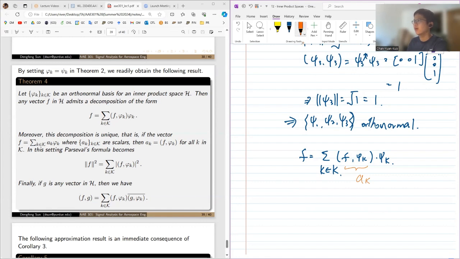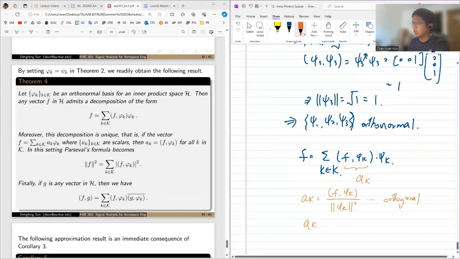Just now we had ak equals the inner product of f and vk over the square norm of vk. This is for an orthogonal basis. And now we have ak equals just the inner product of f and vk. And this is for orthonormal.